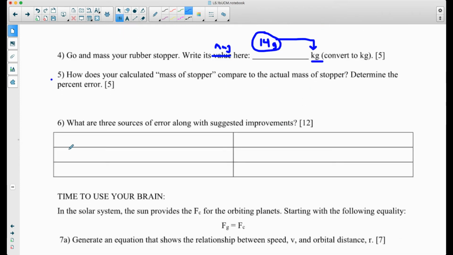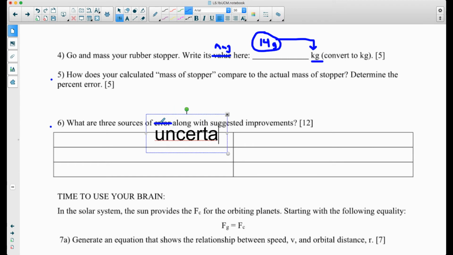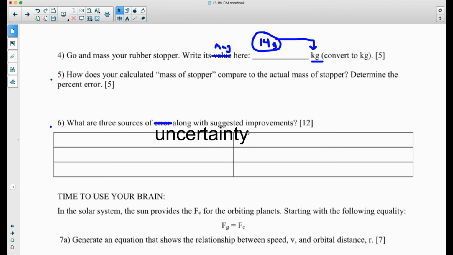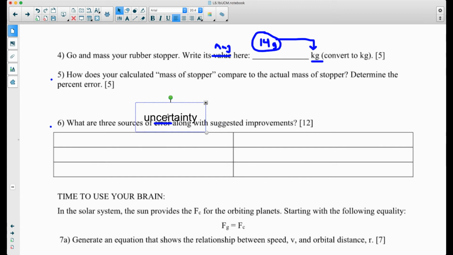Determine the percent error. Sources of error. We've been getting a little more complex than we typically do, and I like it. So you're welcome to call this, instead of a source of error, a source of uncertainty. That's even better, more accurate. Where is it that our measurements maybe were off? There are a few obvious ones.